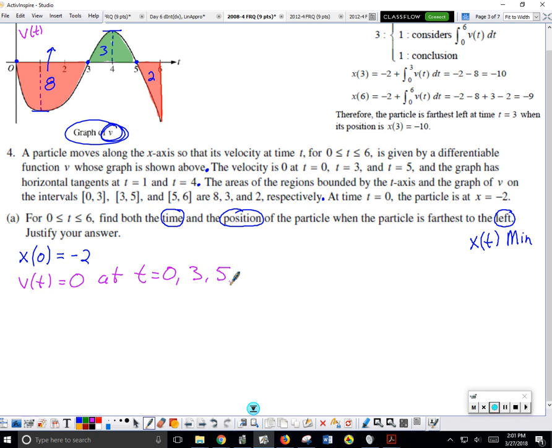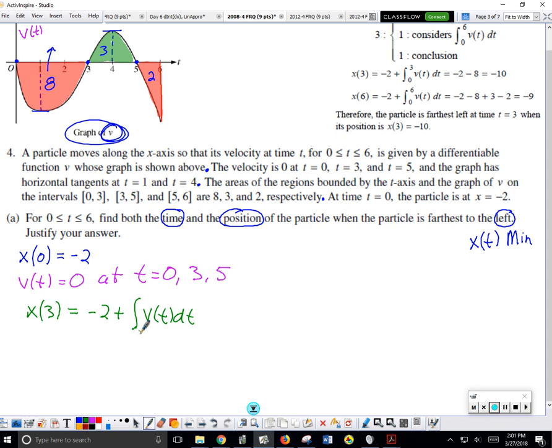I'm just going to do integrals. So let's see. X of 0 is -2. I've already done that. So if I want to find x of 3, I can use the fundamental theorem and say, if I take x of 0, add to that the amount by which x will change. Whenever I do an integral on the AP test, I write down the integral.